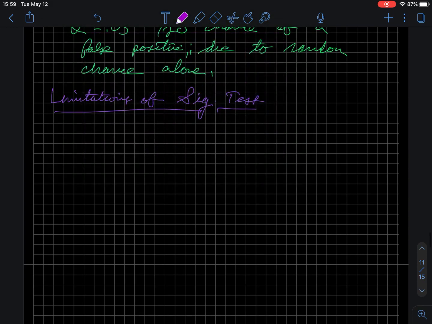So another thing to keep in mind is the limitations of a significance test. Something we already talked about is that this doesn't give practical significance. Even though there may be a difference from a statistical standpoint, there may not actually be any practical differences.